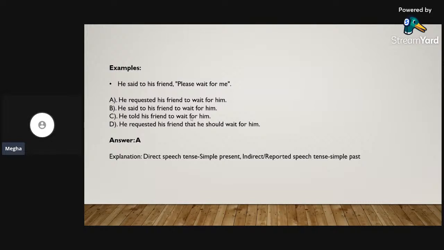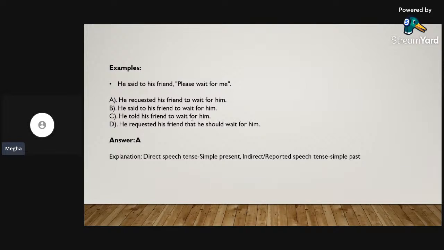Okay, he requested his friend to wait for him, not option B, because he said to his friend to wait for him. See, where is the point of the word please there? There is not even one word which portrays that the other person requested, correct? So not option B. Option C, he told his friend to wait for him. Again, there is no similar word for please.